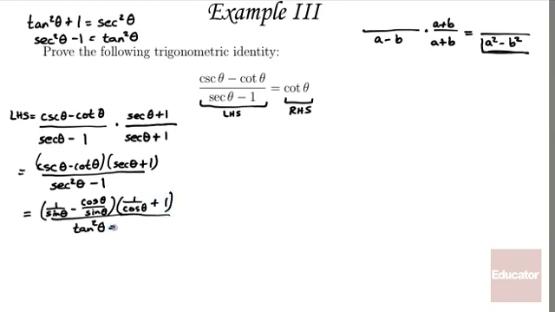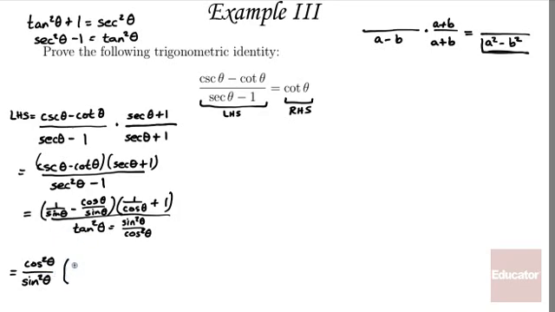And tangent theta, if we translate that into sines over cosines, that's sine squared theta over cosine squared theta. So now I've got fractions divided by fractions. I think the easiest thing to do here is to bring the denominator, flip it up and multiply it by the numerator. So we'll get cosine squared theta over sine squared theta. That's flipping up the denominator.